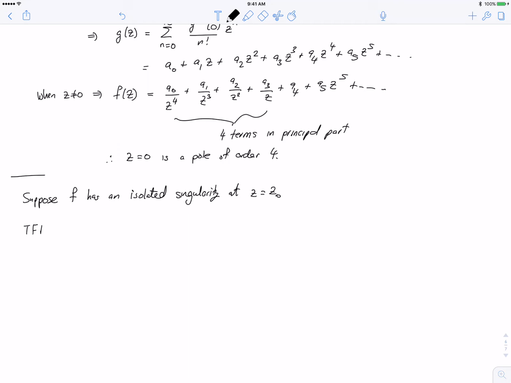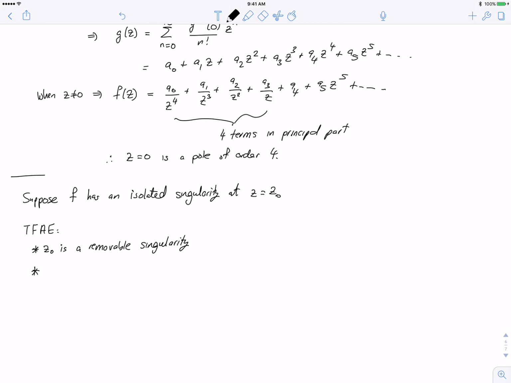Then the following are equivalent. So if I say z naught is a removable singularity, then that's actually equivalent to saying that it's possible to make f continuous at z naught.